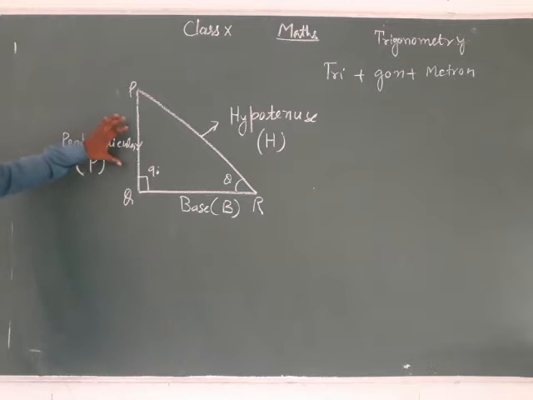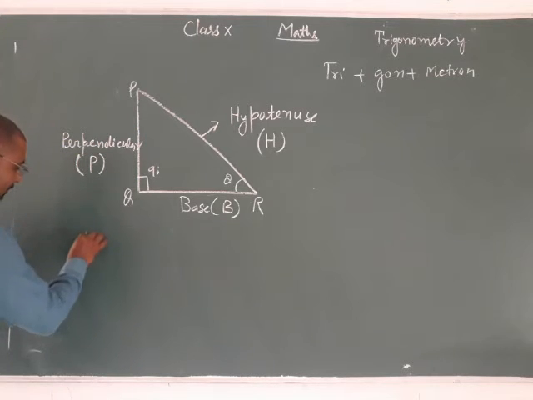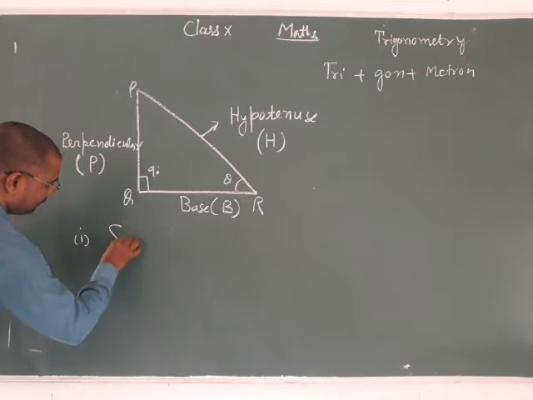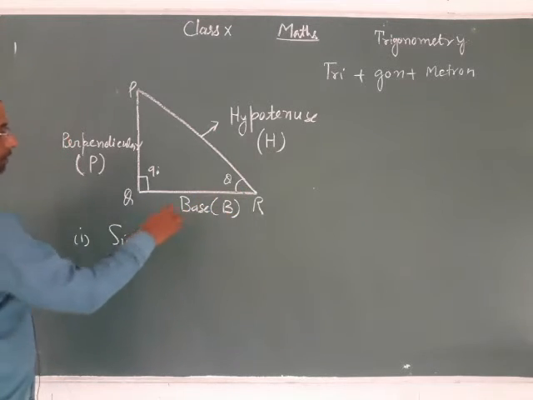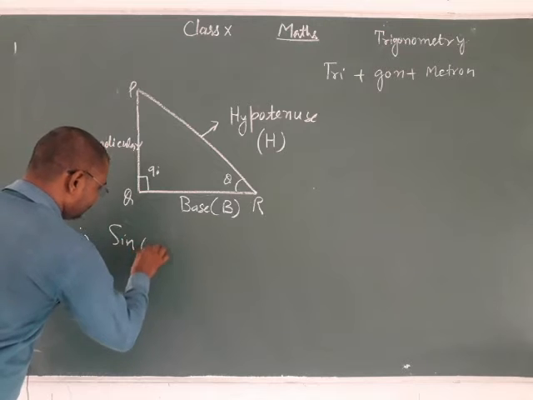There are 6 ratios in trigonometry. First, sine theta.